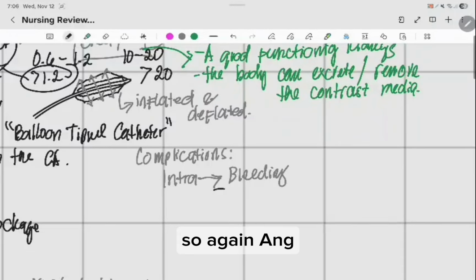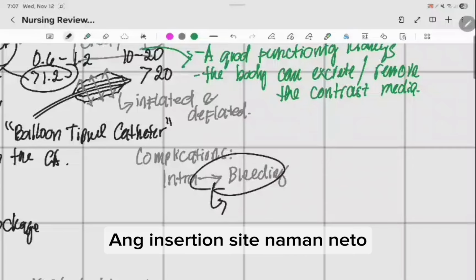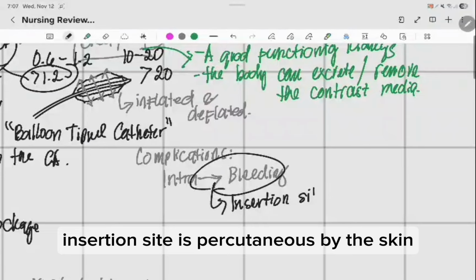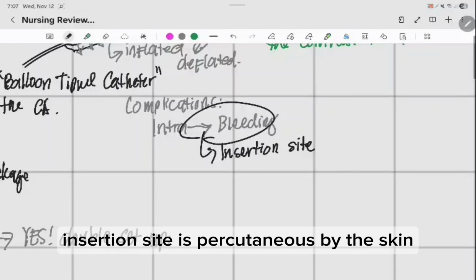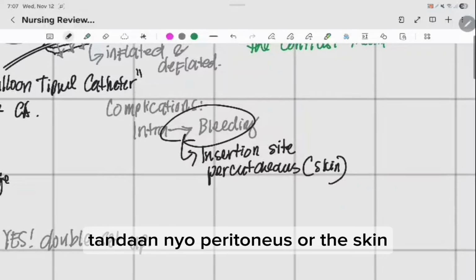Again, ang insertion site naman nito is percutaneous, via the skin. Tandaan yun.